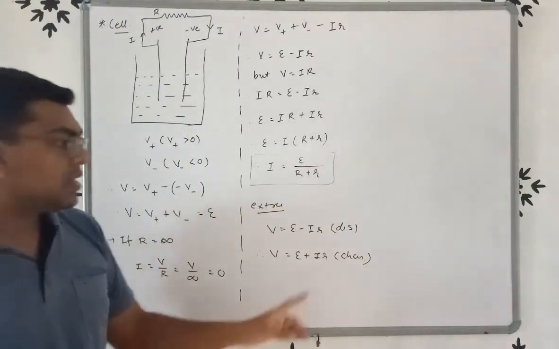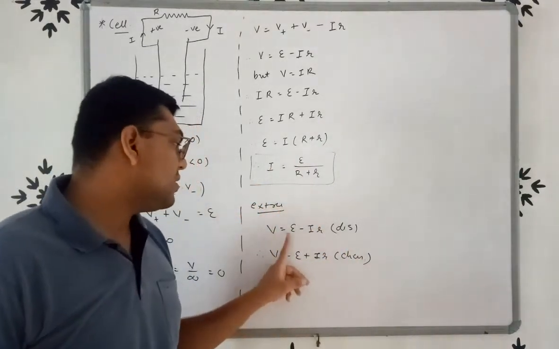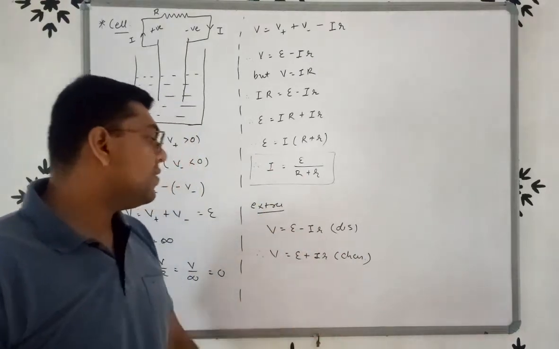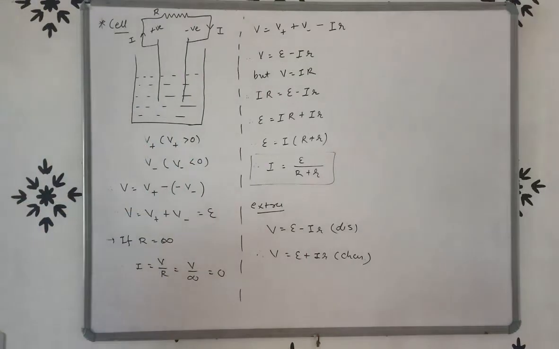When the cell is discharging, V is equal to E minus IR, and if the cell is charging, V is equal to E plus IR. Right? So here we discussed the cell, EMF and internal resistance.